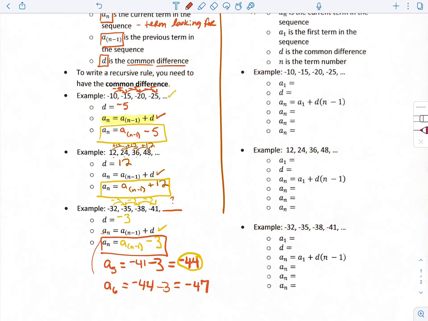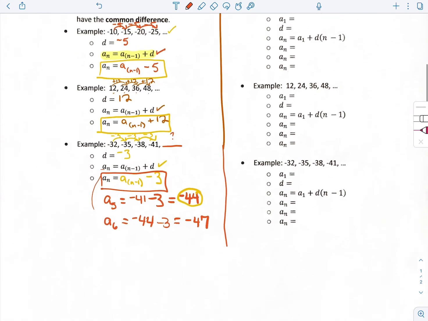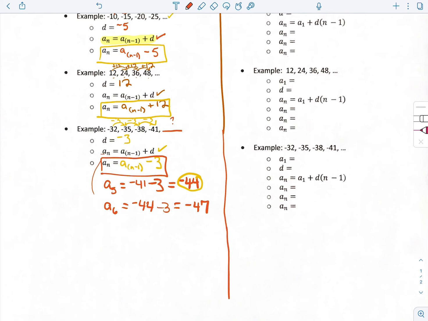So the types of problems that you're going to see when we're dealing with recursive rules are problems that ask for the next term. It might say find the next term, or it may say find the next 4 terms.